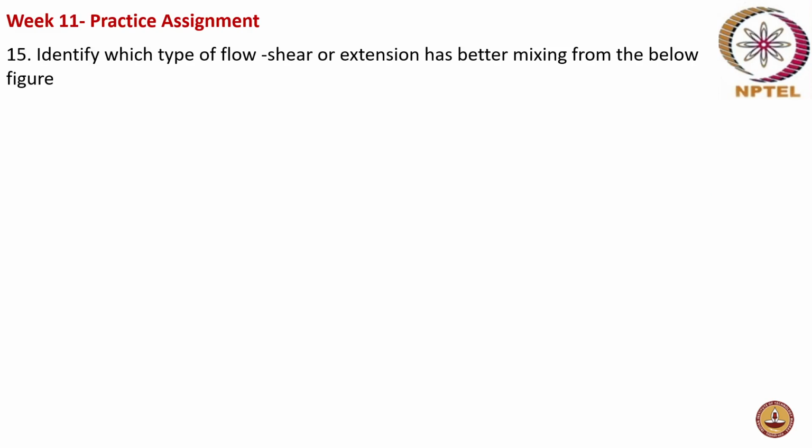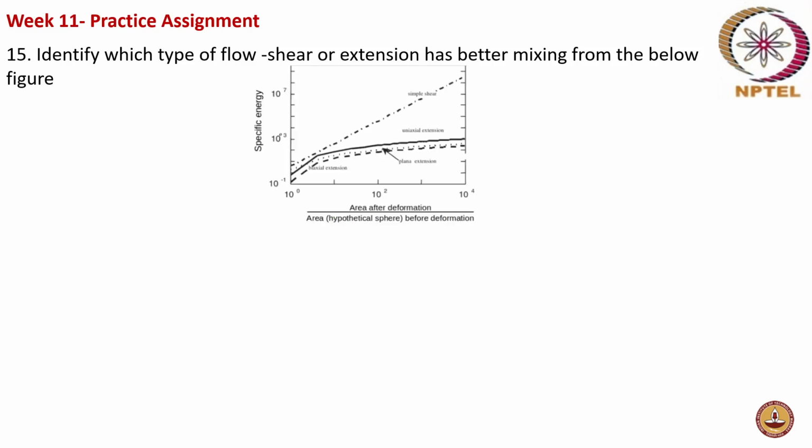Identify which type of flow, whether it is shear or extension, has better mixing from the below figure. So they have given a graph. The x-axis is area of deformation by area before deformation for a hypothetical sphere, and the y-axis is specific energy.